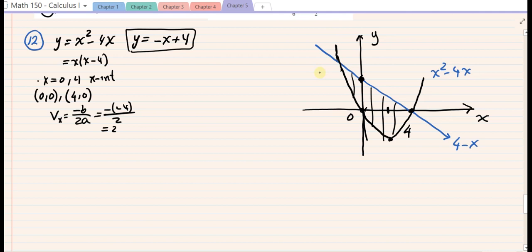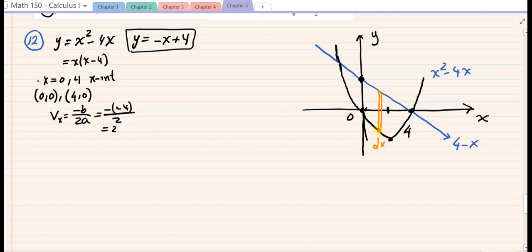Now for this one, we can actually set up our integrals, and it will be easiest to go with vertical rectangles in this one. Okay, of width dx. So that's what we're going to do. Now, that means a typical rectangle is going to have width dx, right?